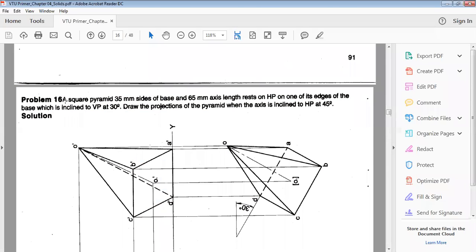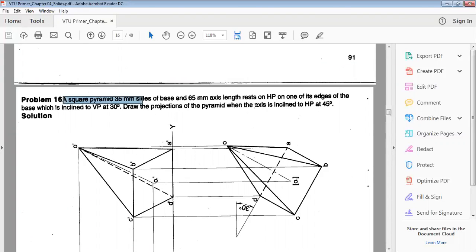So what is being given in the problem? It's a square pyramid with 35 mm sides of base, and the axis of the pyramid is 65 mm, which is nothing but the total height of the pyramid.